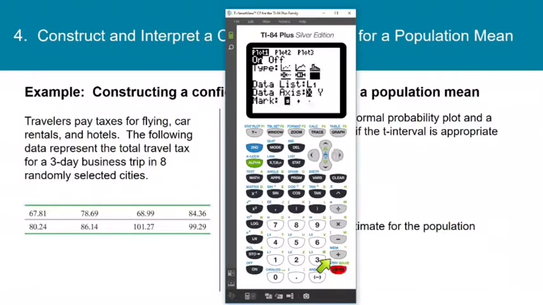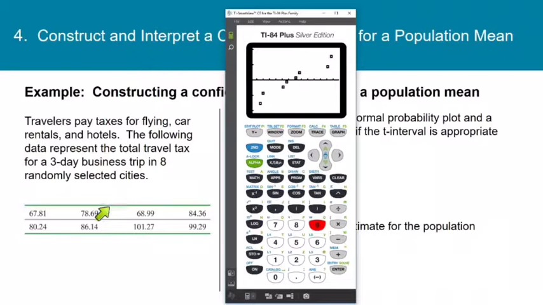Then I'll press enter. It's going to pull my data from L1. Everything looks good there. So now let's graph and zoom 9. And here is our normal probability plot, and that does look like a pretty straight line to me. So I feel pretty good about saying that the population that this data came from is normally distributed.